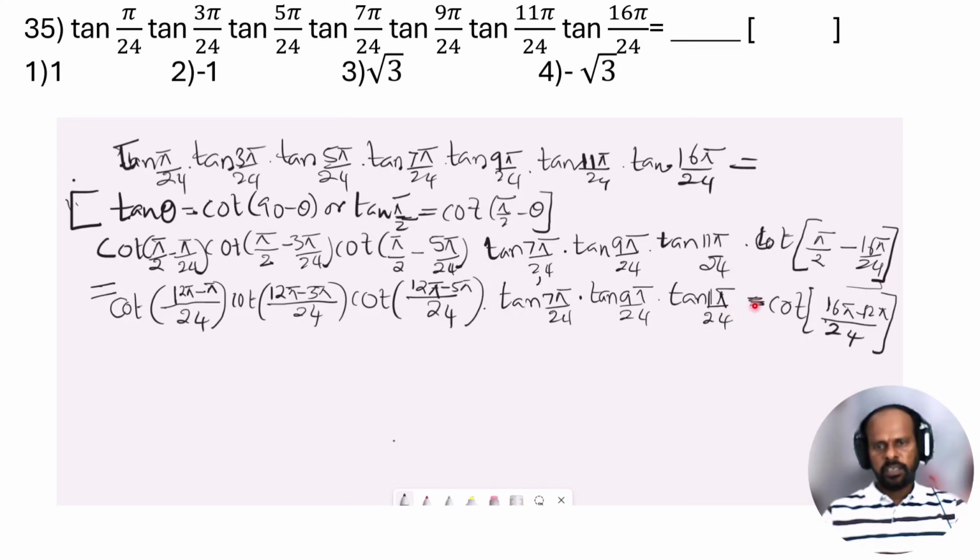And next equals 12 minus 1, that is cot of 12 pi minus 1 pi, which can be written as cot 11 pi by 24.